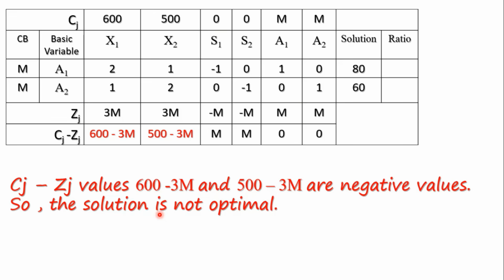But in this case 600 minus 3M and 500 minus 3M are negative values, because we are treating M as a very big value. So 600 minus some big value will become negative, and this is also negative. The solution is not optimal because Cj minus Zj should be greater than or equal to 0.